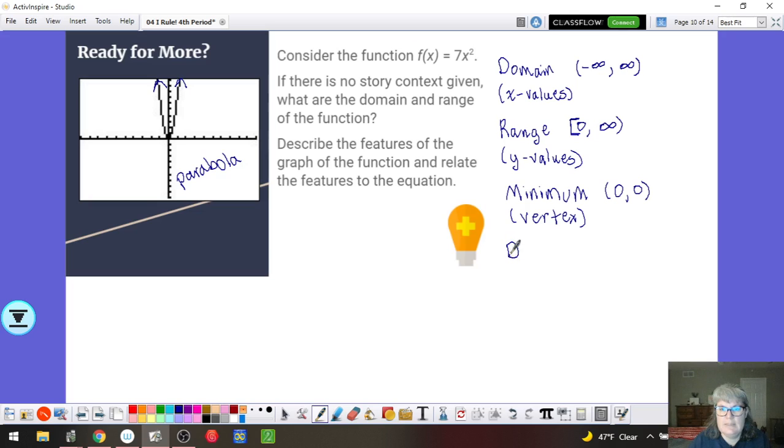So we can say decreasing from negative infinity to 0, and I'm putting parentheses on the 0 because the 0 is our vertex. It's the point where it changes. And so once I go to the right side of the y-axis, I start increasing.